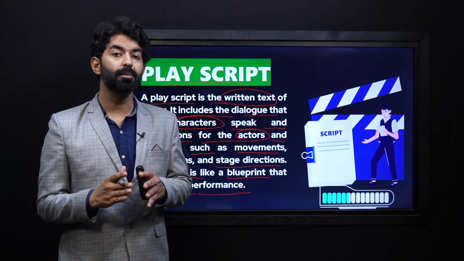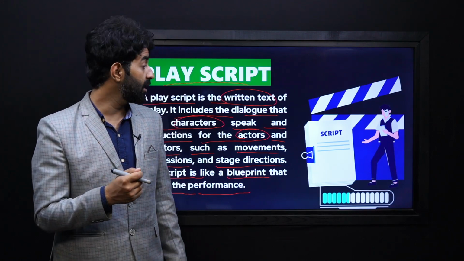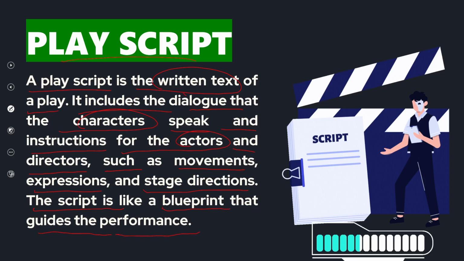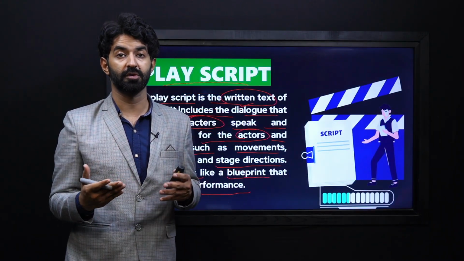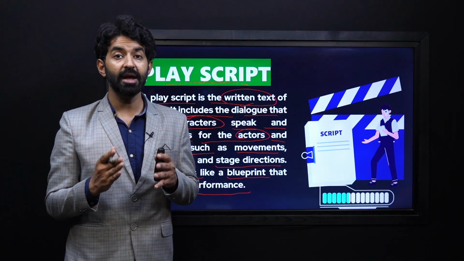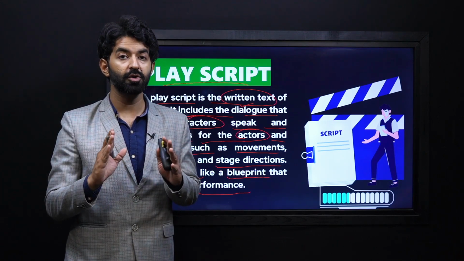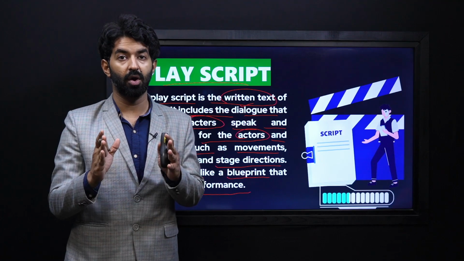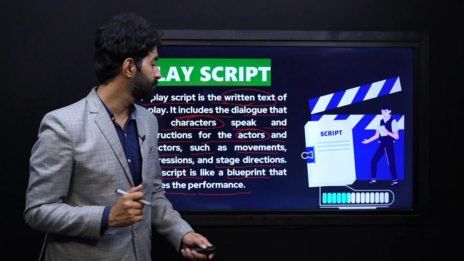Now, a play script is the written part of the play, and it includes dialogue that the characters speak and instructions for the actors, which gestures to give and which movement to perform while delivering a specific dialogue, and also directions for the stage director who's directing the play, on how you should actually direct it according to the vision of the playwright who's written the play script.